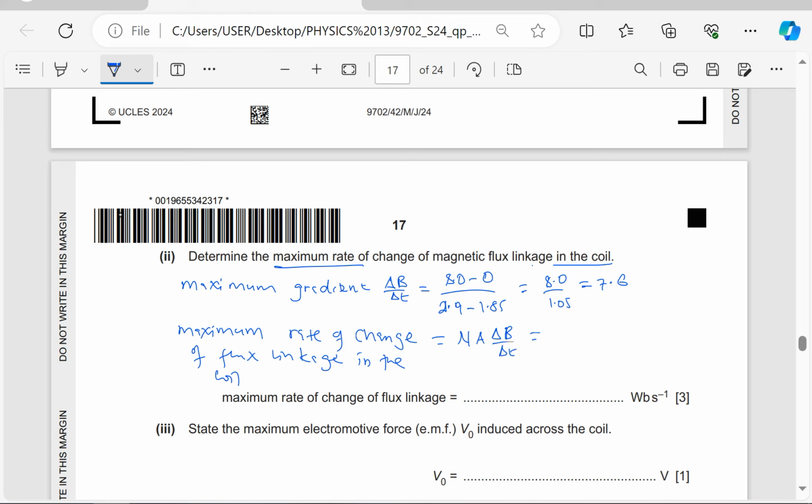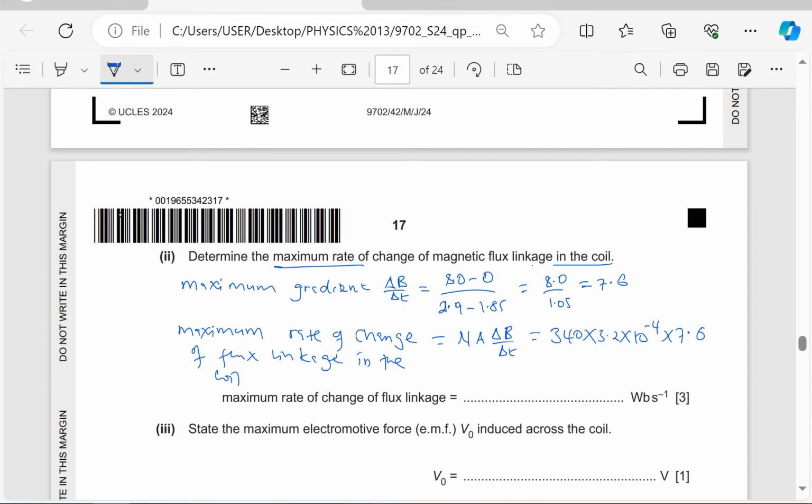Remember, the rate of change of flux linkage is going to be the EMF, so this will be the number of turns, I think it was 340. The cross-sectional area was 3.2 times 10 to the power, was it -4? I'll multiply this by 7.6.